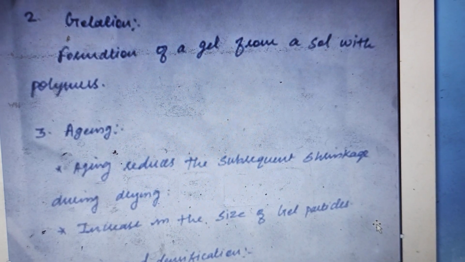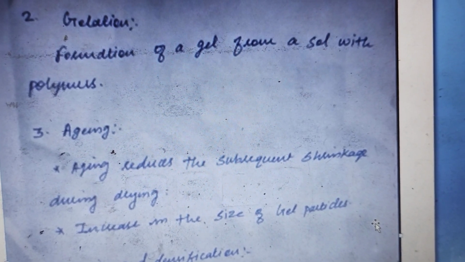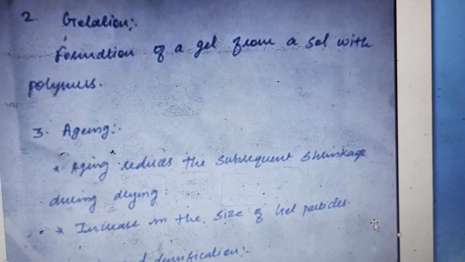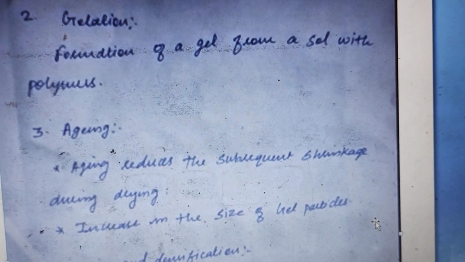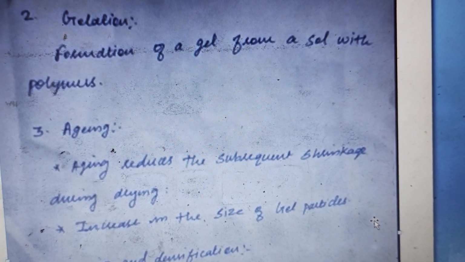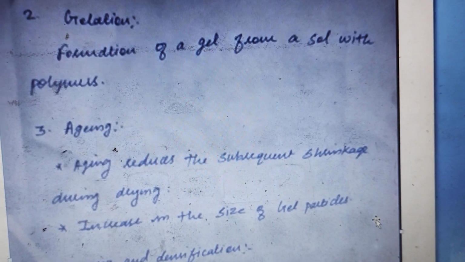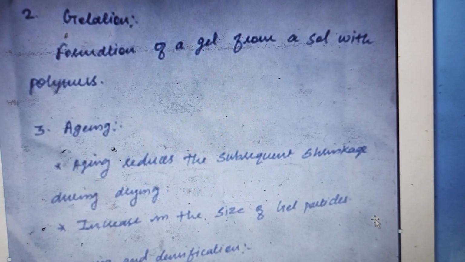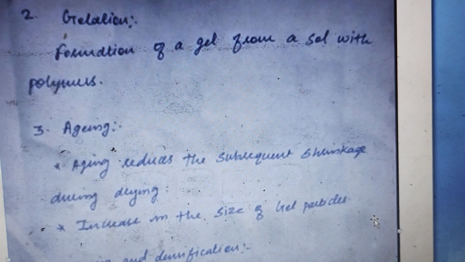A bigger size of molecule will be formed. This is the aging form. So aging means increasing the particle size. This is called the aging method.